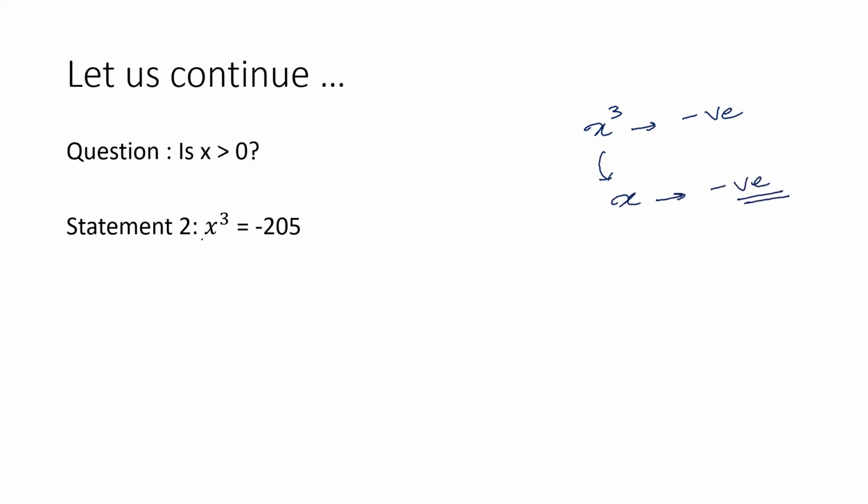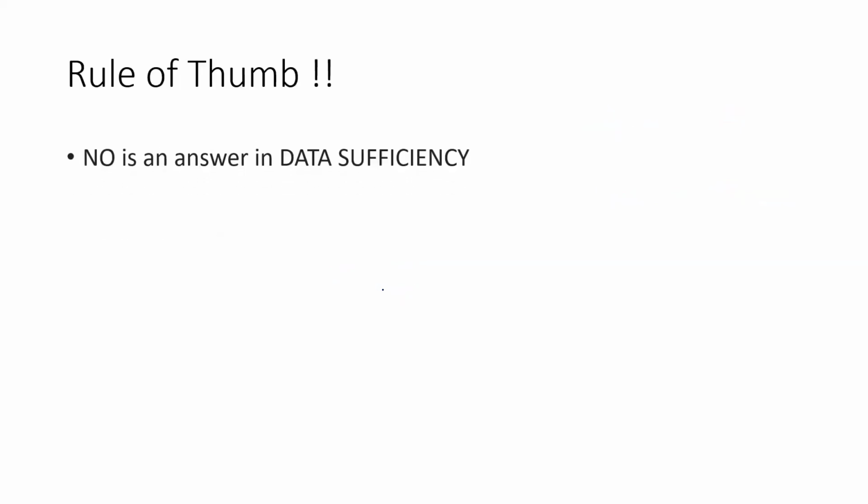So when I process statement 2 alone, I know that it is sufficient enough to give me the answer no. If I'm asking you, is x greater than 0, and x cube is minus 205, I can tell you that statement 2 alone gives you the answer no. Did you get me? And please be aware that no is an answer in data sufficiency. So statement 2 alone is sufficient enough to answer the question.